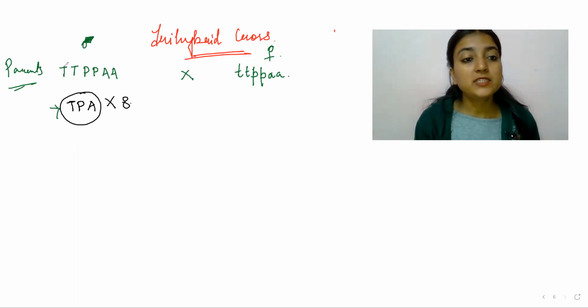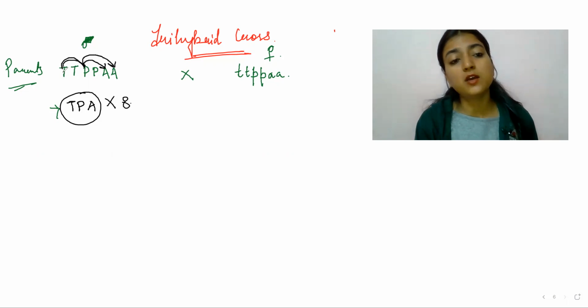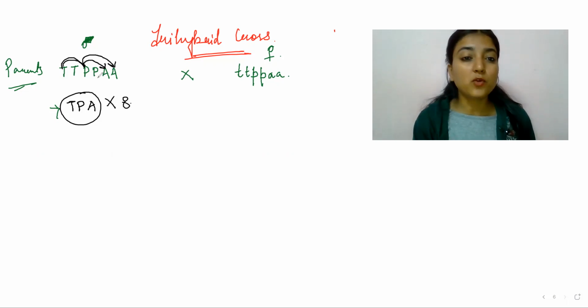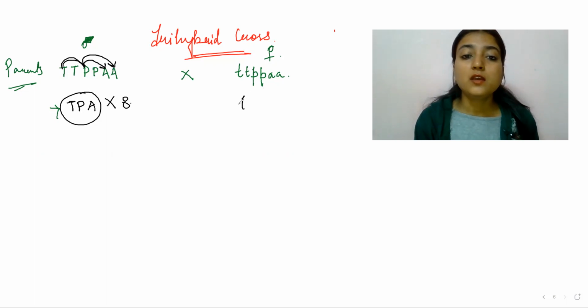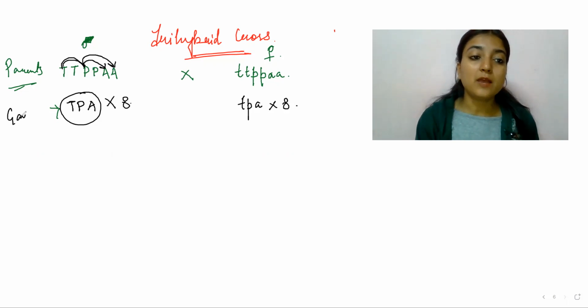If we see this T with this P with this A, then again this with this, and this with this. Now you have to do this and take out all the possible gametes. It will be 8 in number, and these will be the gametes. So TPA. Now here the gametes will be the recessive forms and into 8. So these are the gametes.